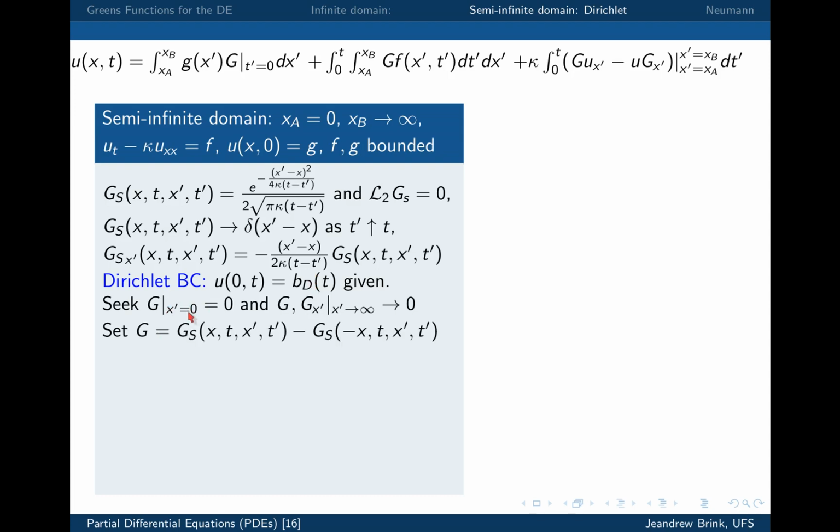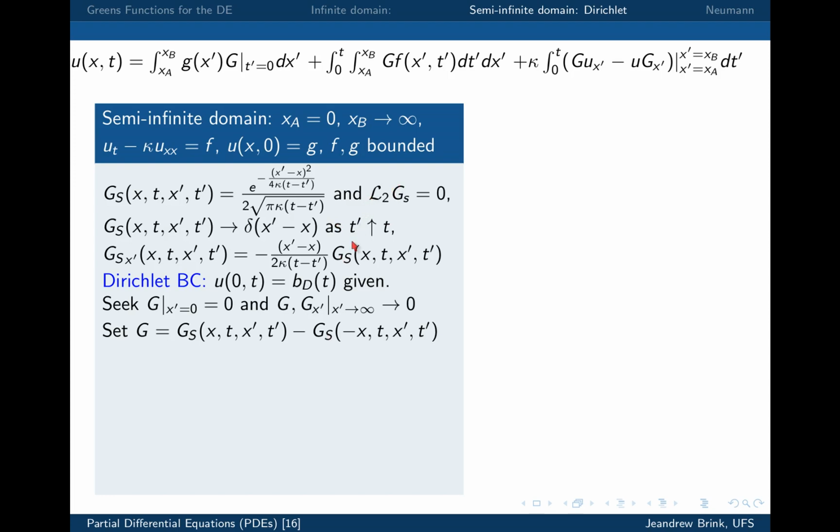And the way we get that thing to work is we subtract another function that has the same value at x prime equals 0, but it doesn't change these two properties.